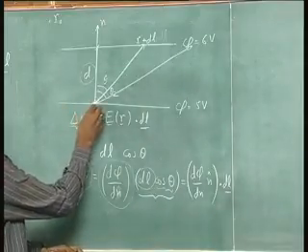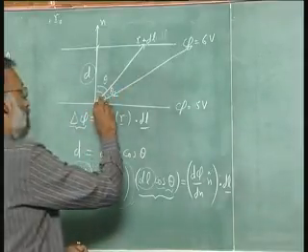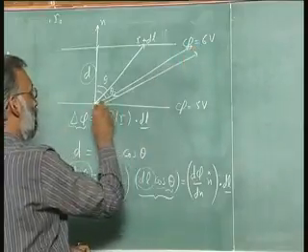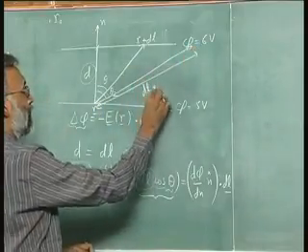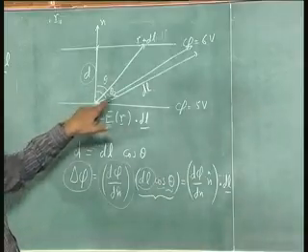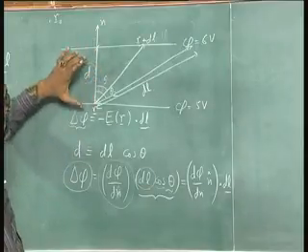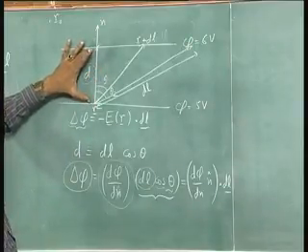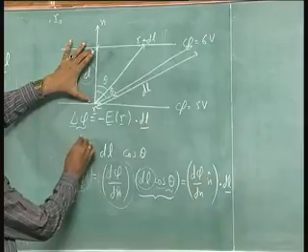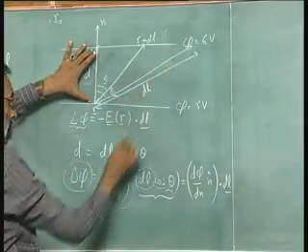Namely, I can say that if I move in any direction, I move a distance dl. It is equivalent, as far as the change in phi is concerned, with moving in the normal direction a distance dl cos theta. That is, the normal distance I move is the sloping distance I move times cos theta.